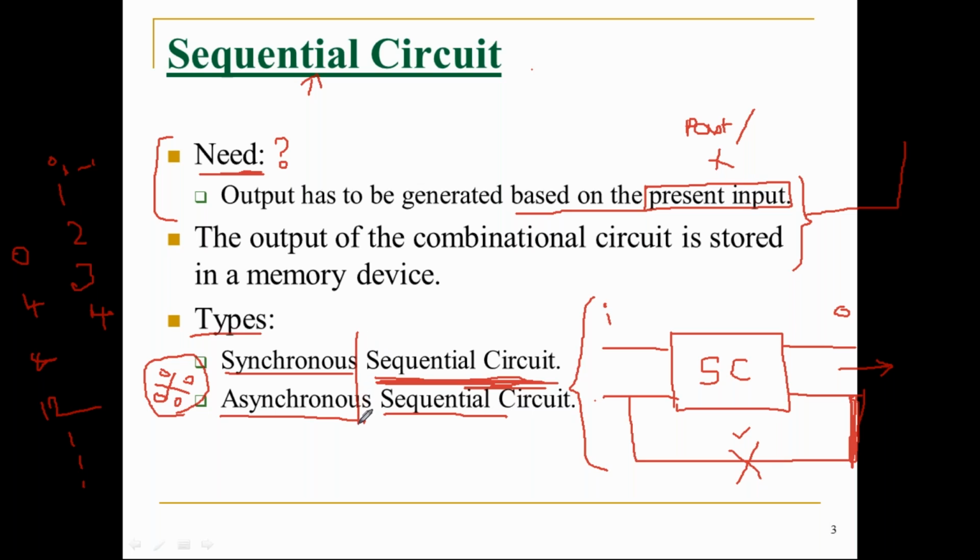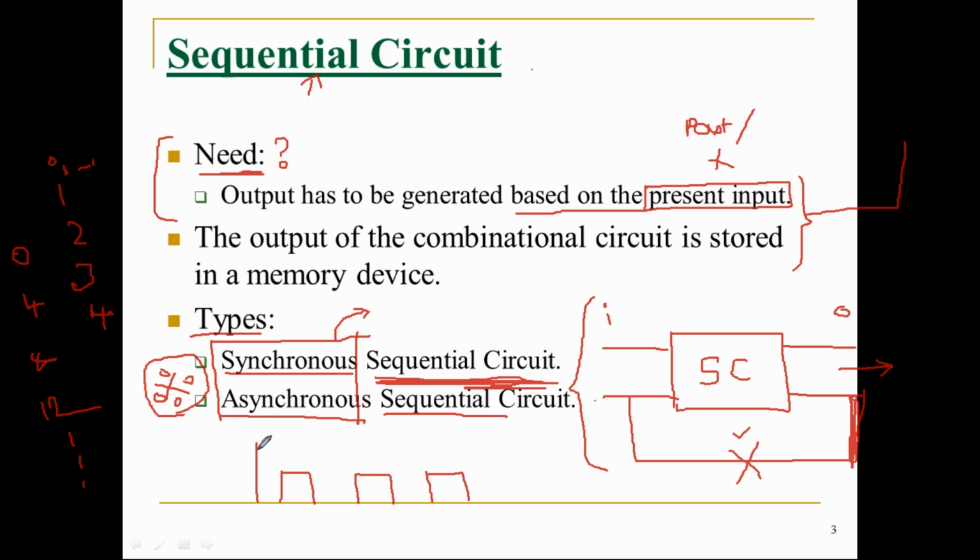Out of which there is another classification, synchronous. Synchronous means simultaneously, in parallel, or at the same time. For example, take a simple analogy. Any classroom has 3 openings, or 3 paths, to enter the classroom.